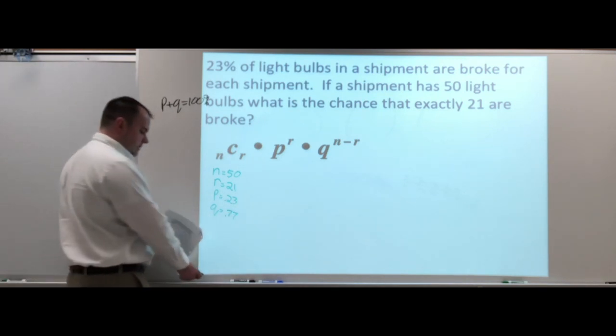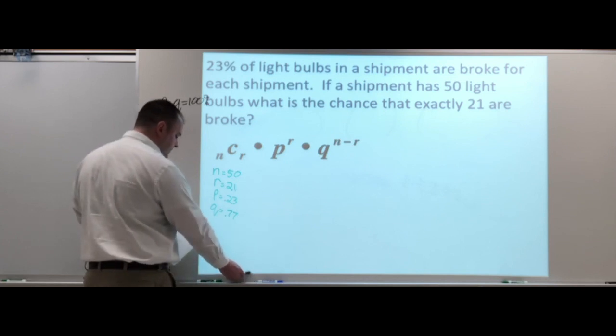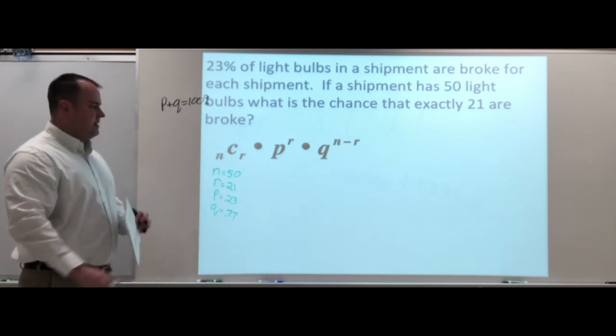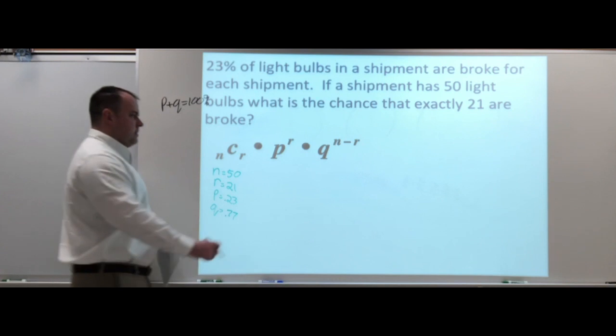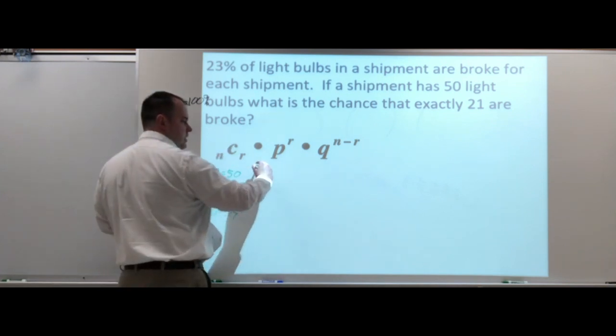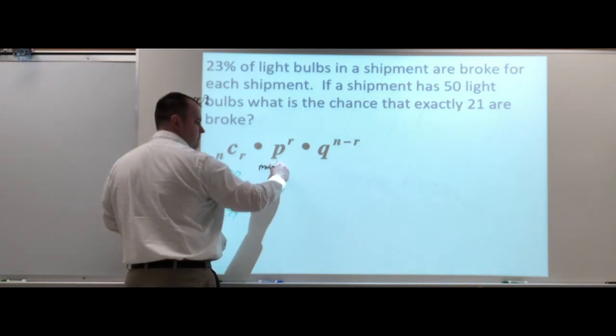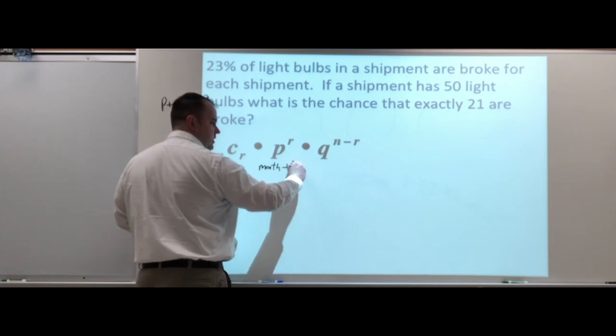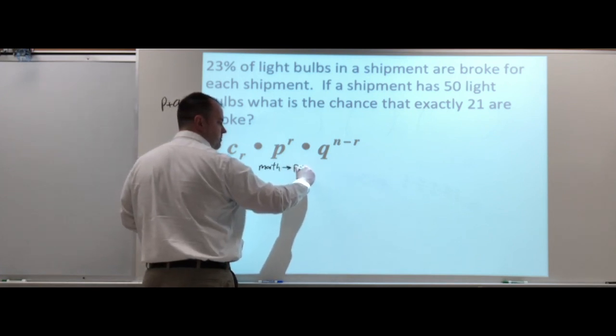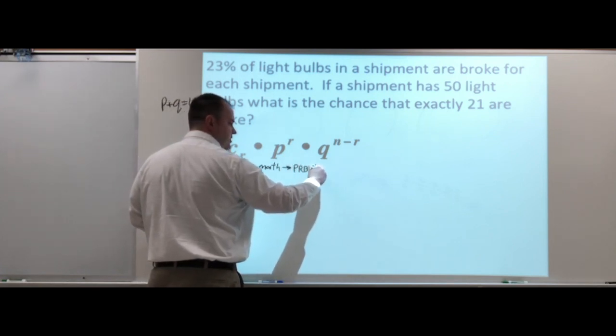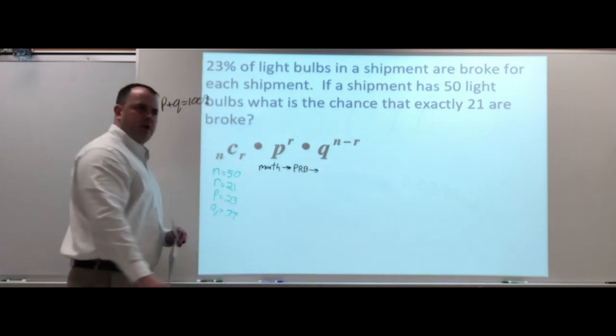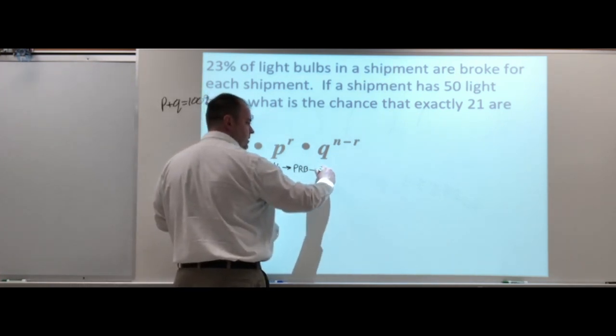Now, to get our nCr function on the calculator, press Math, then PRB. I believe it's either the second or third option on your calculator, but I don't have it right in front of me.